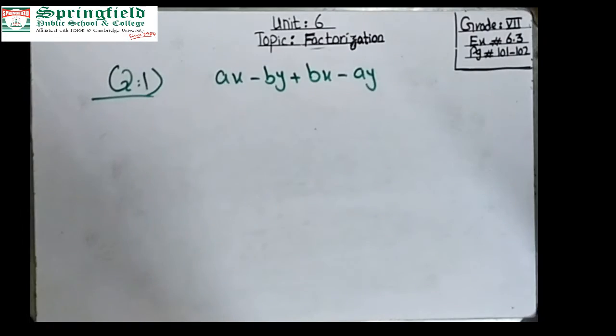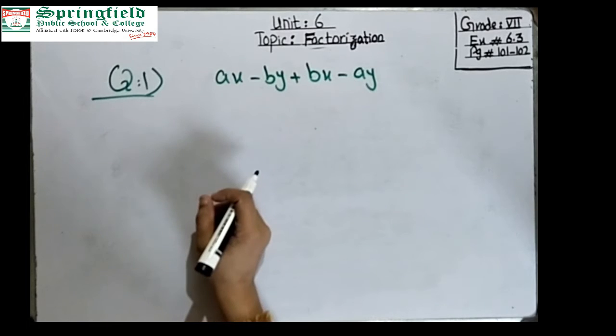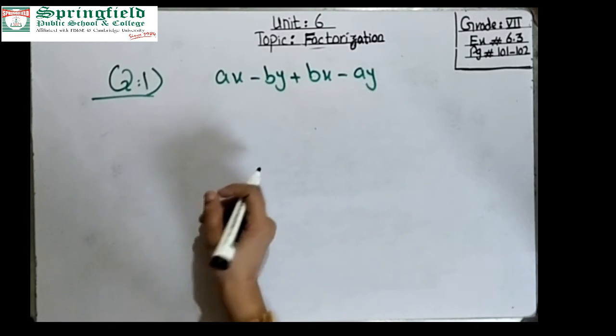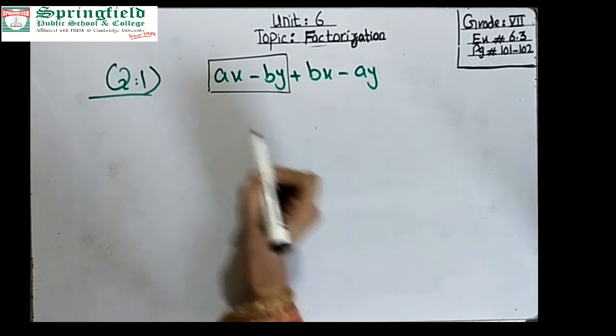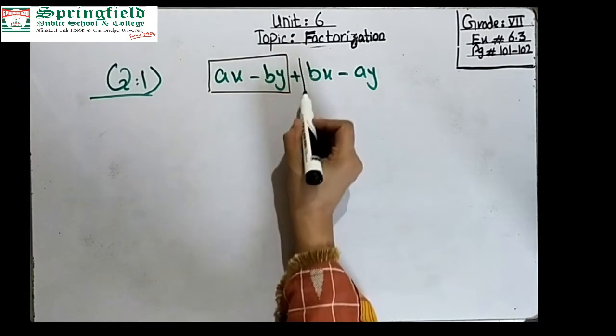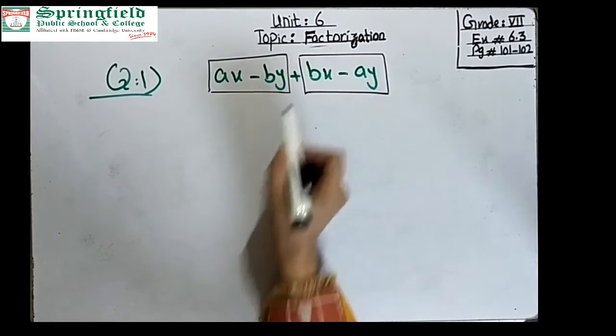There are 4 algebraic terms, so we can factorize this polynomial expression by grouping. We will make pairs of 2 algebraic terms. So there are 2 groups.